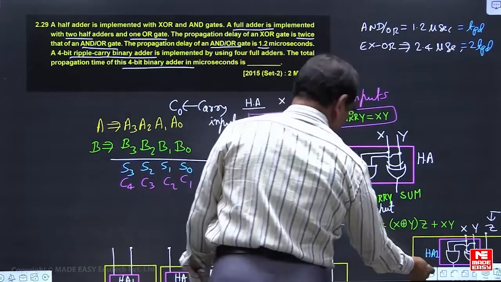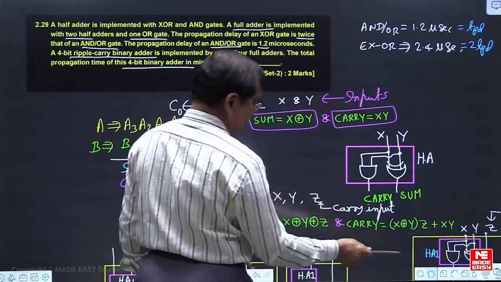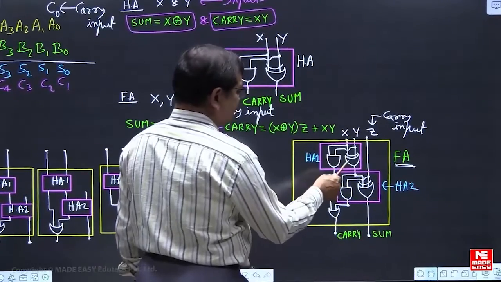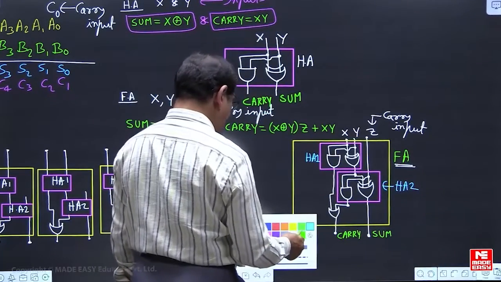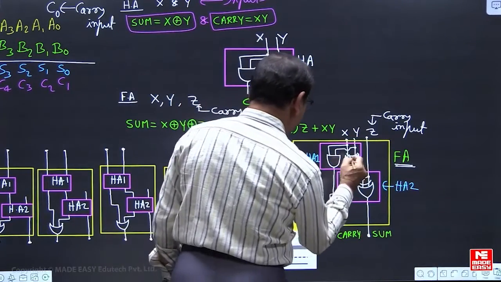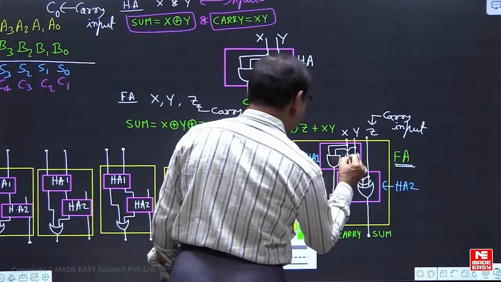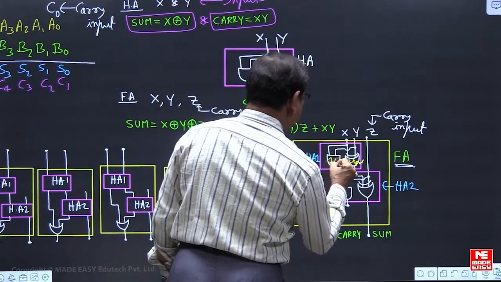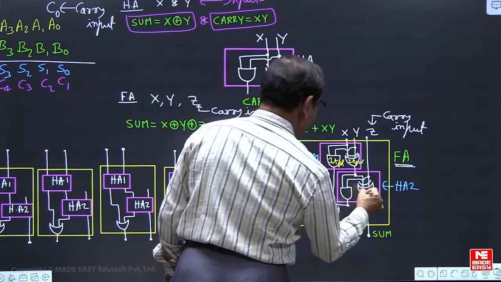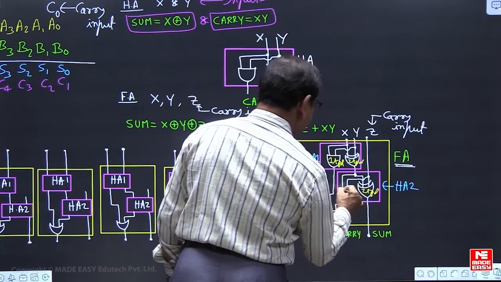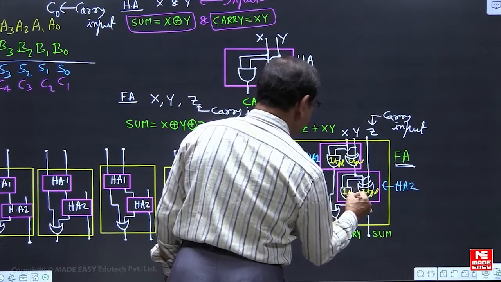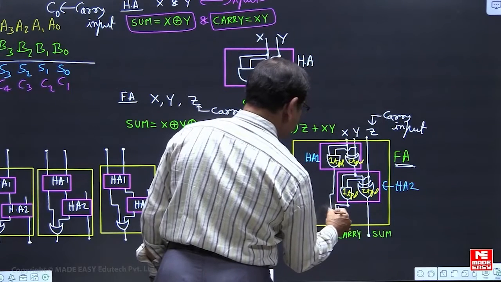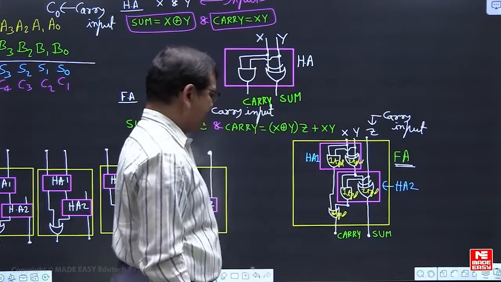So if you look here, from the given data, the exclusive OR has a delay of 2 TPD, this has a delay of 1 TPD, this has 2 TPD, this has 1 TPD, this has 1 TPD.